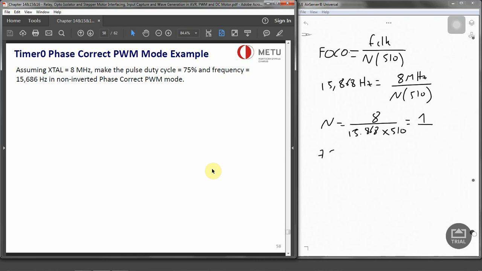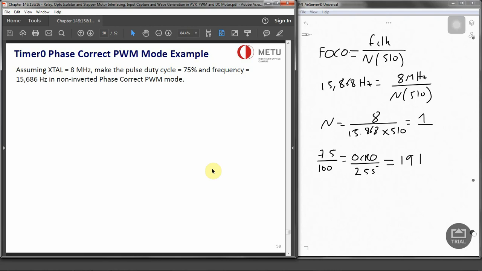And the duty cycle, or the OCR value based on the duty cycle, as we have got 75%, OCR0 divided by 255, which is going to be equal to 191, the non-inverted version.